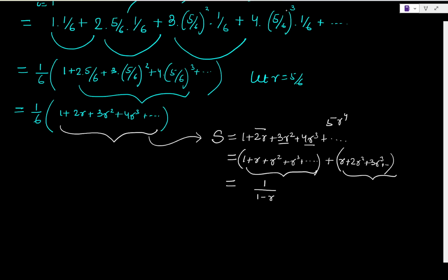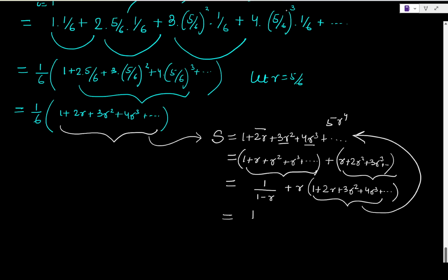What emerges here is, if you take r common here, you will get what? 1 plus 2r plus 3r square plus 4r cube, so on and so forth. Right? What is this? Have we seen this before? Isn't this s? Yes, it is s.